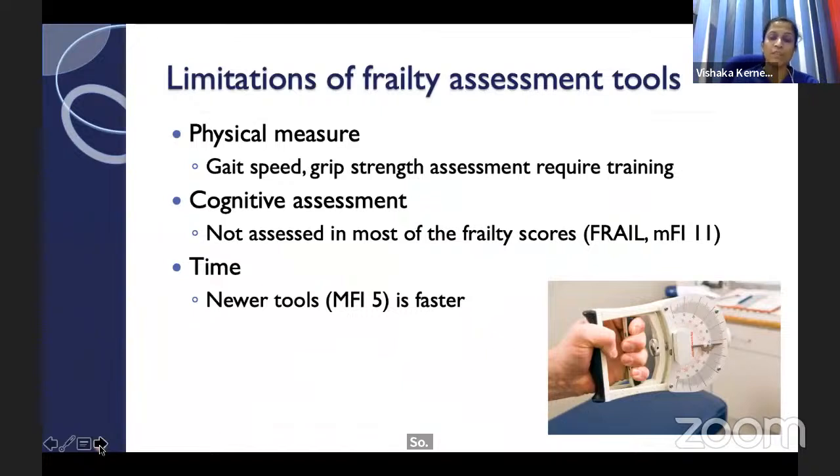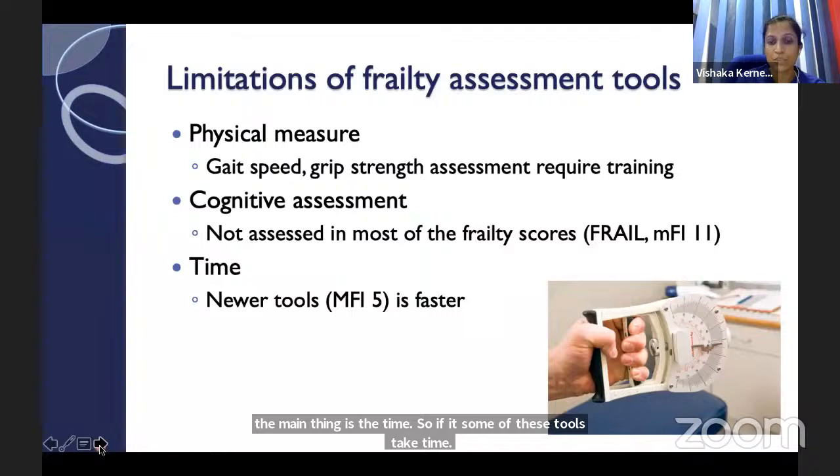Limitations. When we are selecting an assessment tool for our clinical practice, we have to know the limitations of some of these frailty assessment tools. The main thing is the time. If some of these tools take time, we need to find a shorter version.